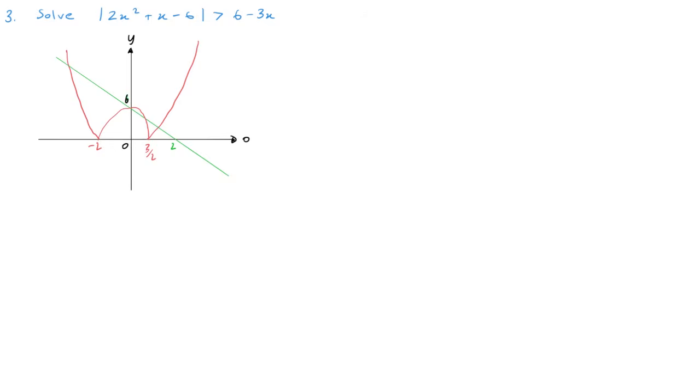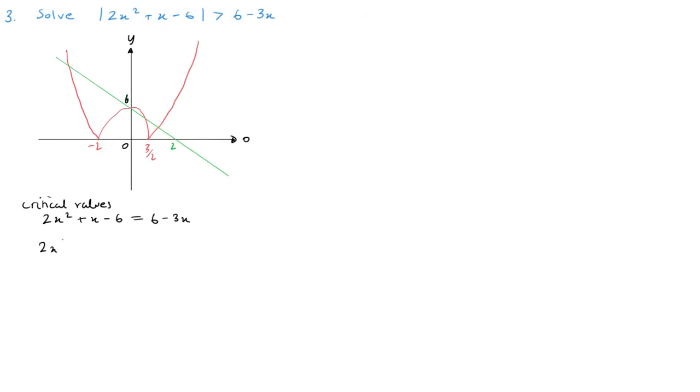So first of all, let's find these points of intersection, so that is the critical values. So 2x squared plus x minus 6 equals 6 minus 3x. Now this is the regular part of the graph, unaffected by the modulus sign, so that will give us this point and this point.